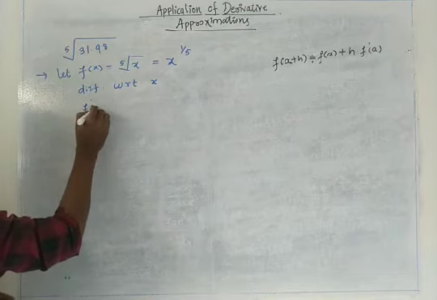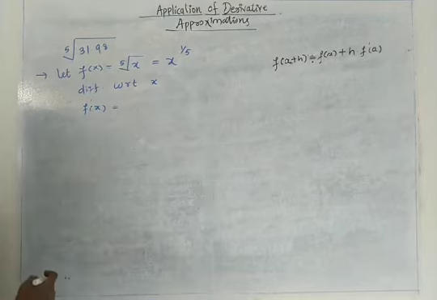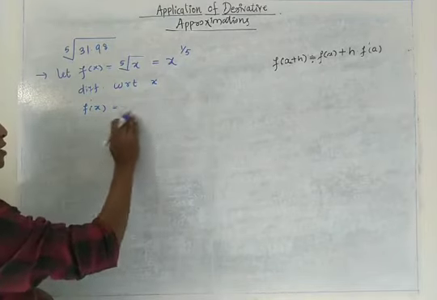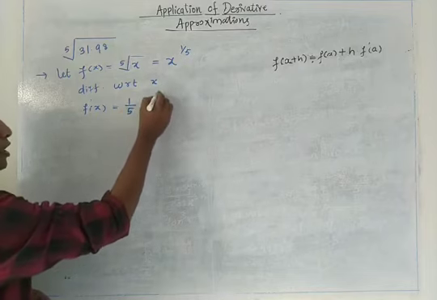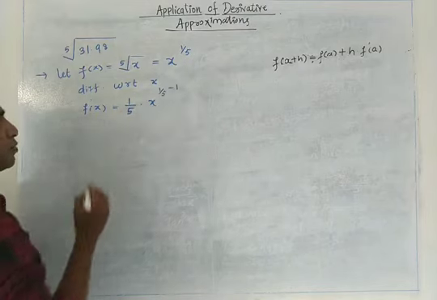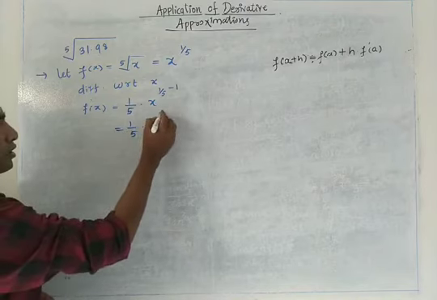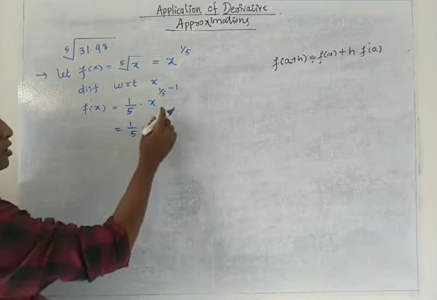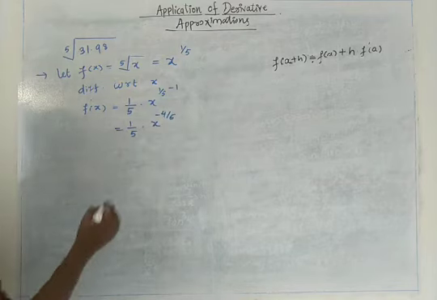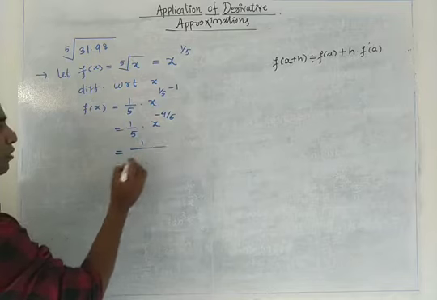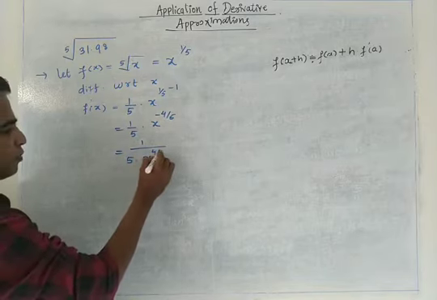So we will get f dash of x is equal to, now derivative of x raised to 1 by 5, that is we are going to use the x raised to n formula. So 1 by 5 into x raised to 1 by 5 minus 1, that is 1 by 5 into x raised to 4 by 5 minus, so you will get 1 upon 5 into x raised to minus 4 by 5.